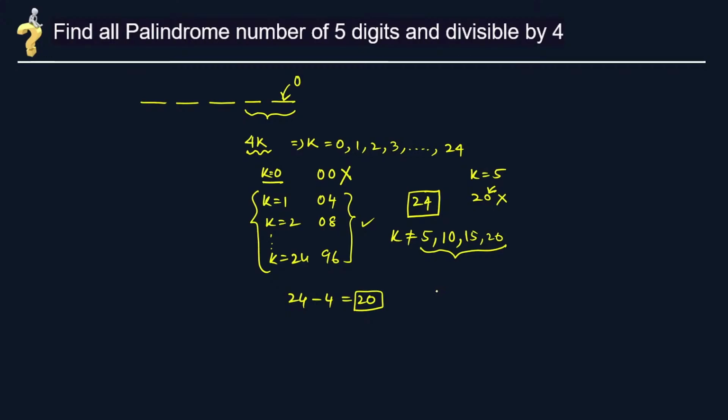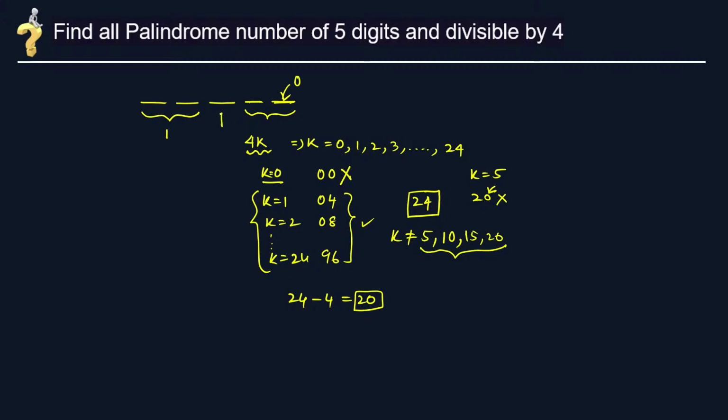20 such ways by which these 2 places can be filled so that the 5-digit number will be divisible by 4. Is it clear? So the last 2 places will be filled in 20 different ways. Naturally, the first 2 places will be filled by the same number, so it will be in one way.